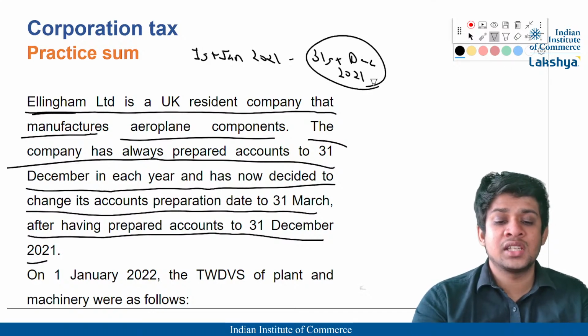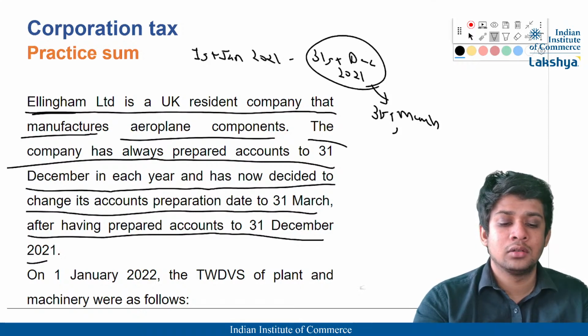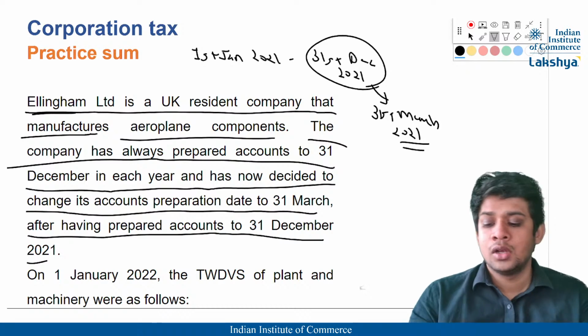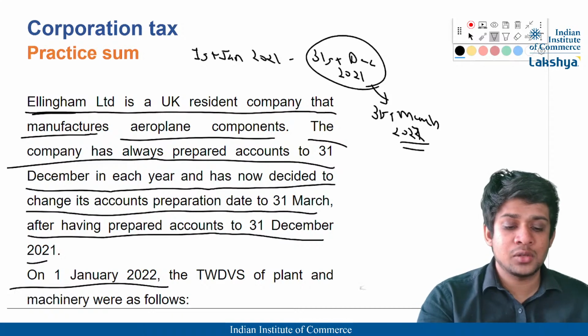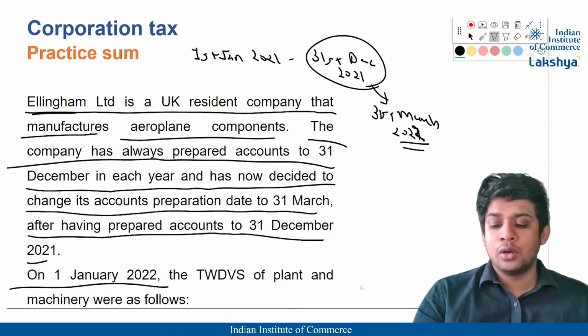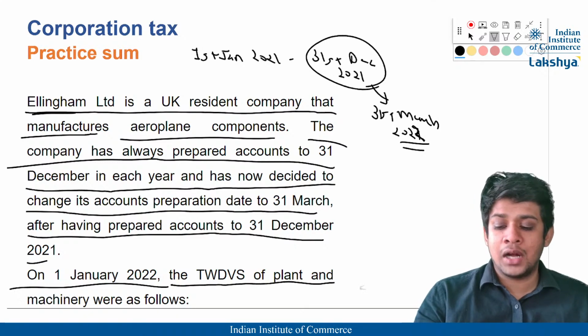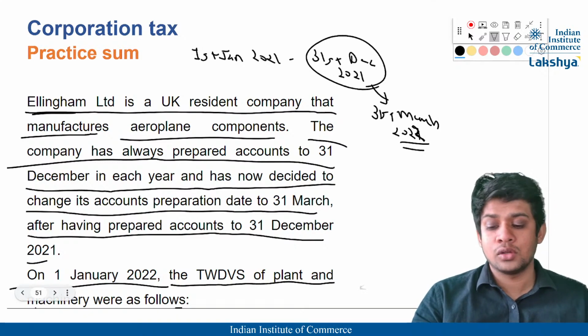Now they decide to change this to 31st March. On 1st January 2022, the TWDVs of plant and machinery were as follows.